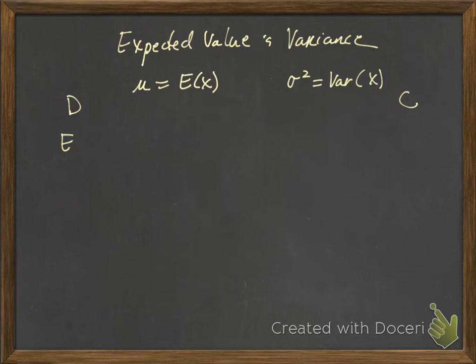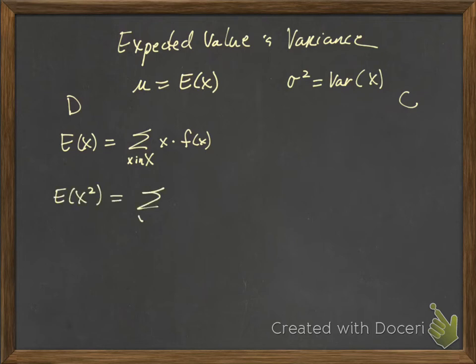The way we calculate E of x is by summing up all of the x values times their respective probabilities, in this case the PMF, over all x. If we wanted to find E of x squared, we sum up over all x, x squared f of x.